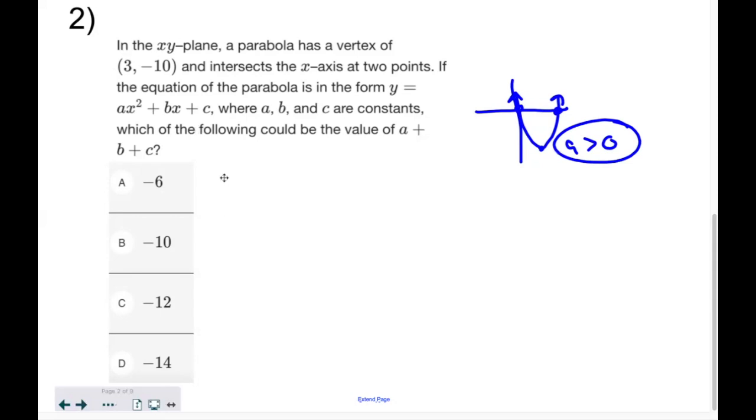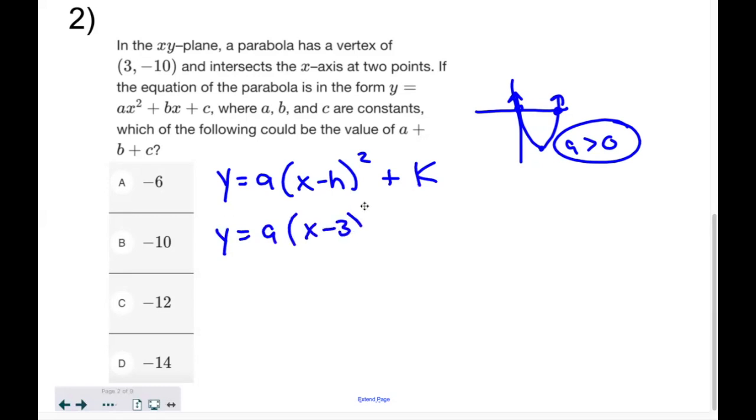If they give me a vertex, I'm going to start to come up with the equation in vertex form. So that's a times x minus h squared plus k, which is y equals a times x minus 3 squared minus 10. All right, so again, the vertex is h comma k, and I just plug it into vertex form.